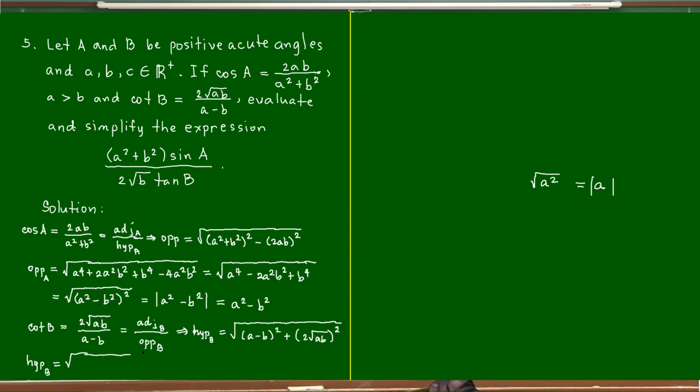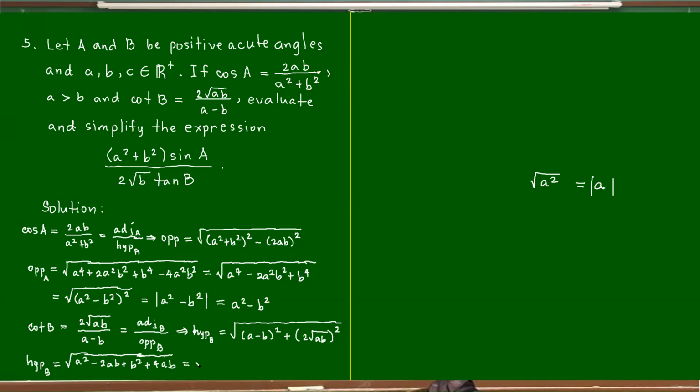so let's expand. So A squared minus 2AB plus B squared, and then plus 4AB.